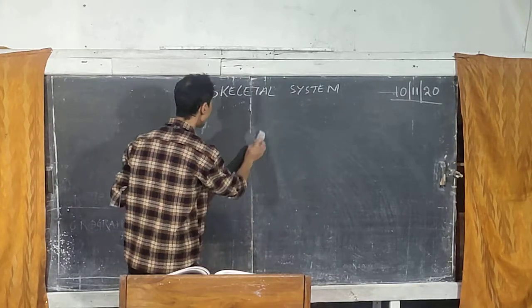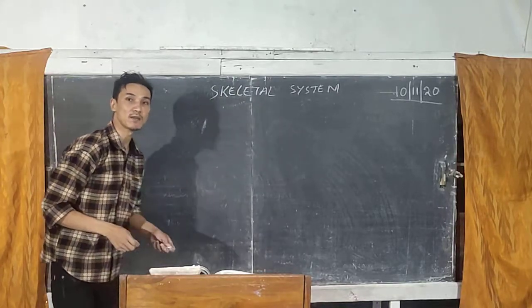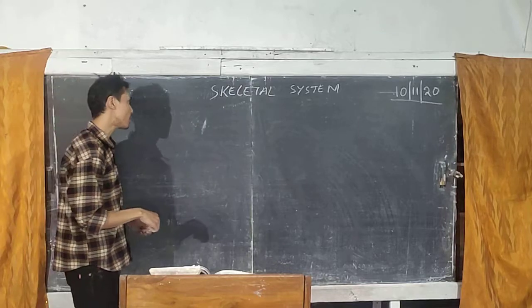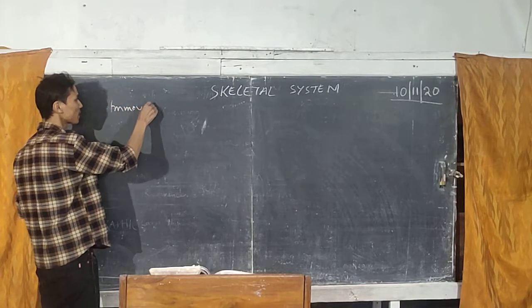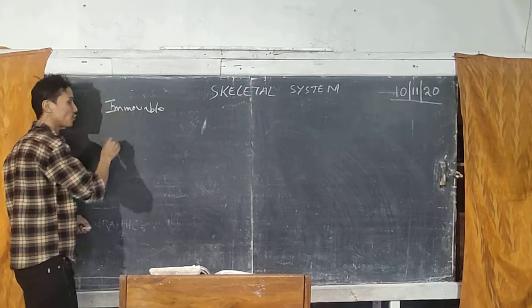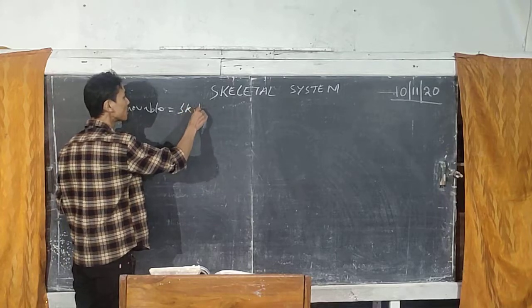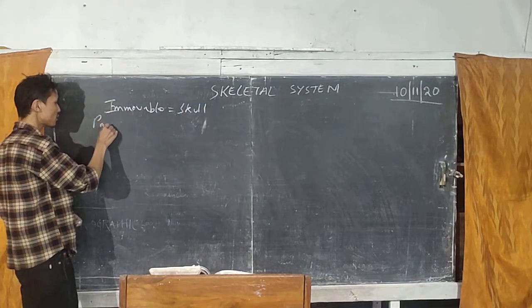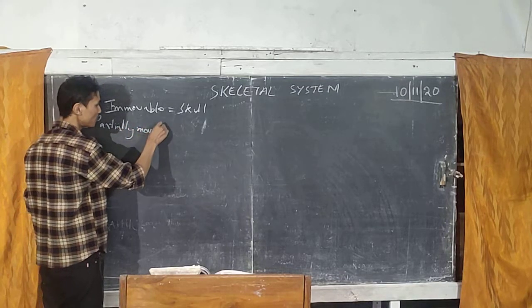how your skeleton moves is because of the presence of joints. Joints basically means connection of bones. So when we talk about joints, they are of 3 types. Immovable. That means these joints are fixed. These joints are found in the skull. The next joint is partially movable.